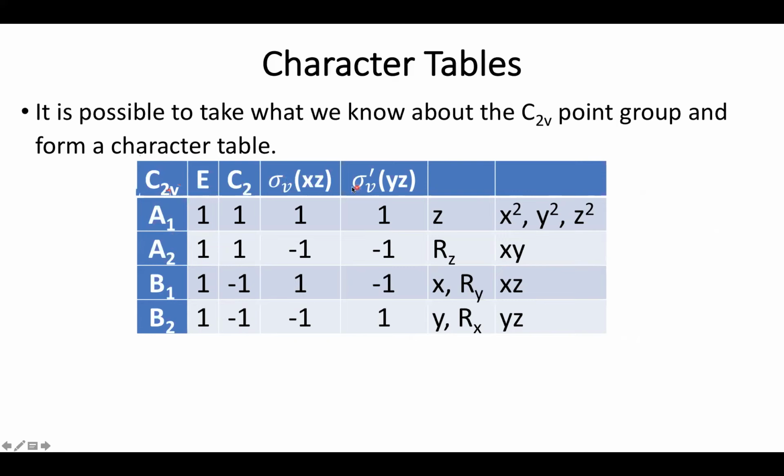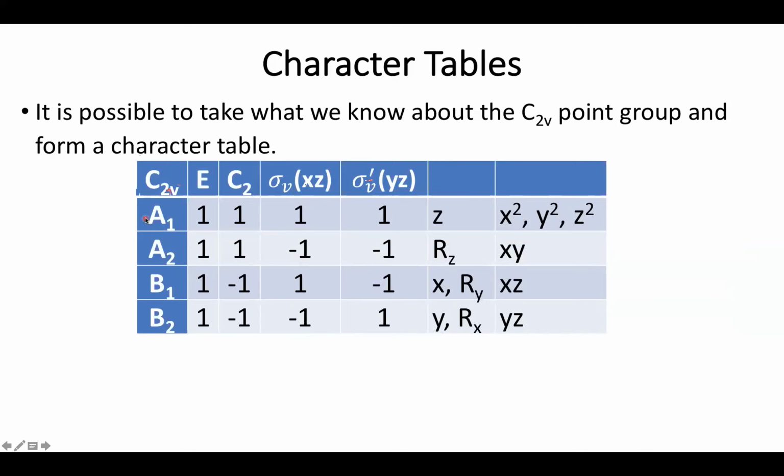One of the things that's worth noting is if you find a good character table, it's going to denote, if I have, say, multiple mirror planes, which direction each one of these mirror planes is in. So, for example, our first mirror plane is in the XZ direction, and our second one is in the YZ. And this will help us keep our irreducible representations straight.